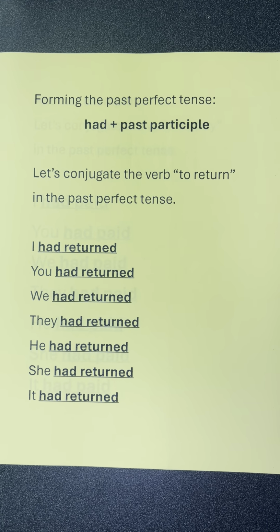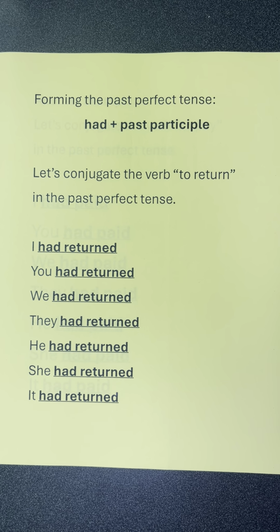All right, to form the past perfect tense, actually this is easier than the present perfect tense. If you remember the present perfect tense, we use have or has and then a past participle.